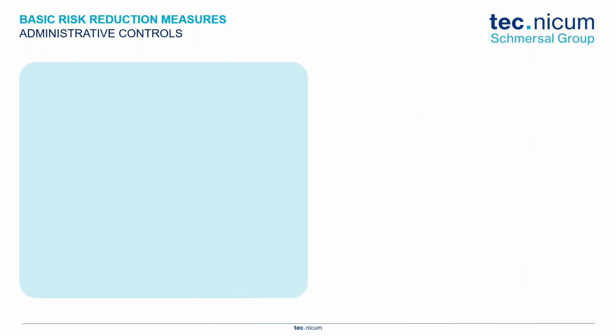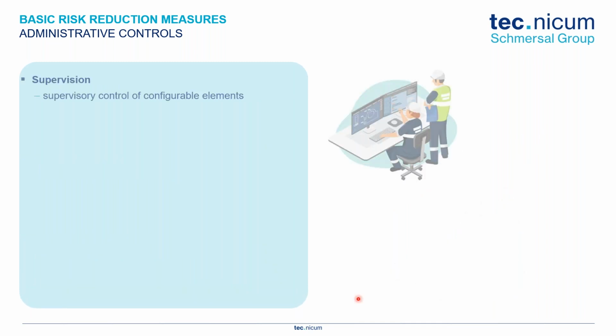Okay. What else do we have? Administrative controls, supervision. All right, so supervisory control of configurable elements. Maybe we have a safety PLC, and we want to make sure that those options to configure are locked, and we can only access those with pins and passwords, right? Things like that.